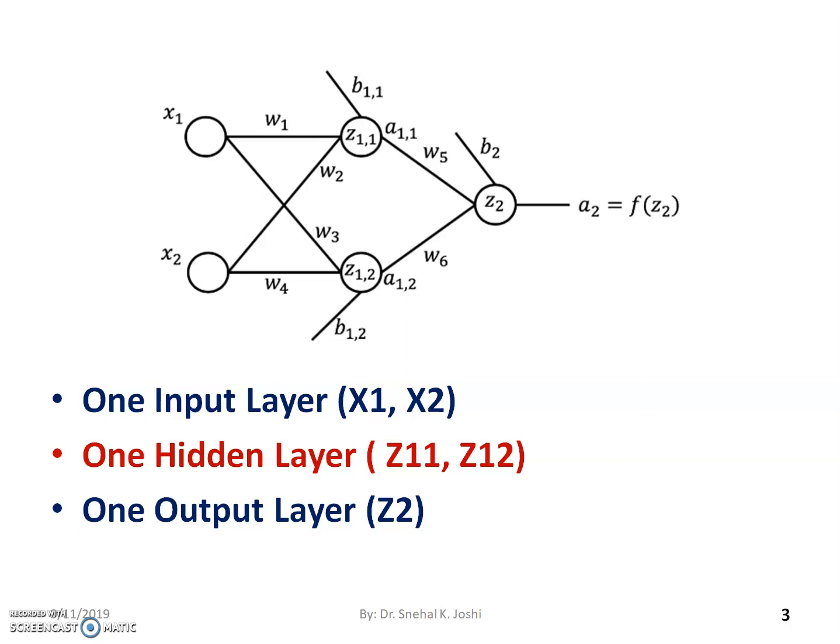The hidden layer has two nodes, which are the weighted sum nodes Z11 and Z12. We will obtain activation nodes A11 and A12 from the weighted sum nodes Z11 and Z12 respectively. Finally, we have one output node Z2.